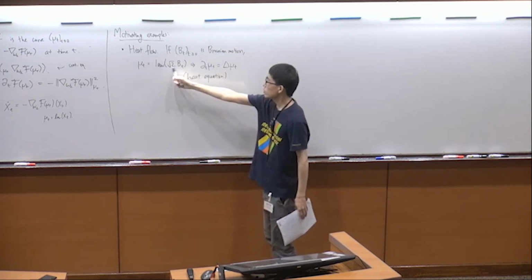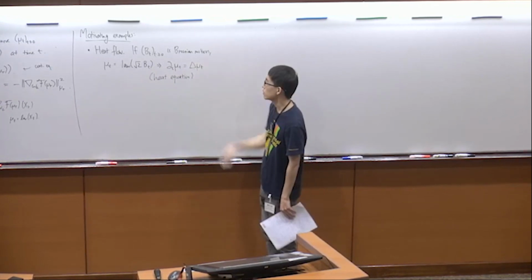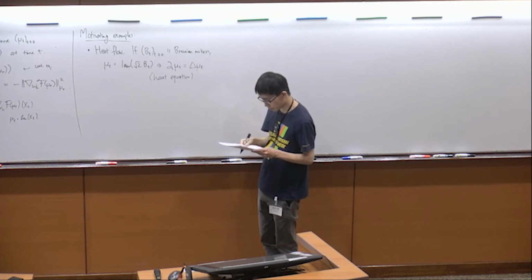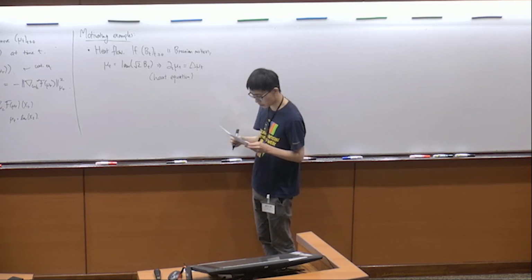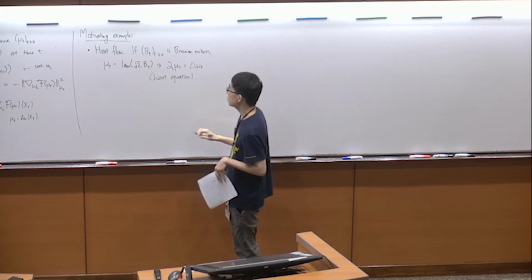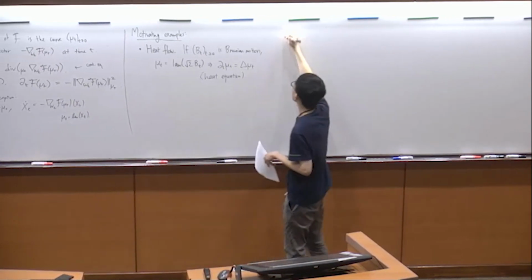This factor square root 2 is just so I get the heat equation out. Otherwise I would have to have a factor 1/2, but I don't want that factor half. Okay, so this is the heat equation. That's going to be one of the examples that we show as a Wasserstein gradient flow today.